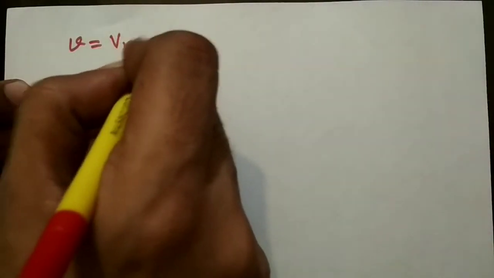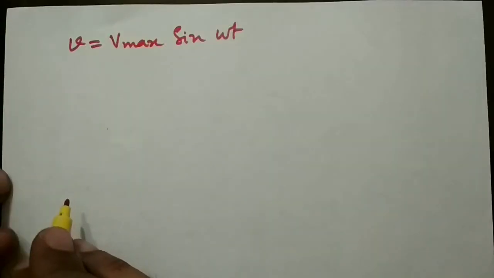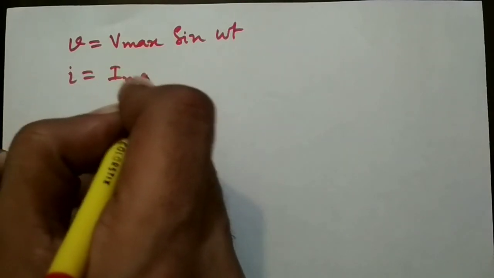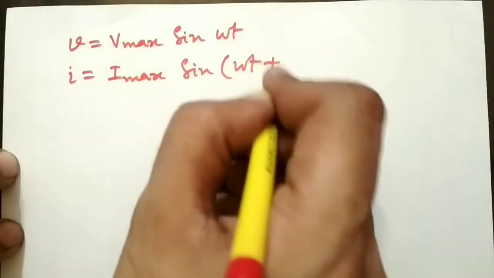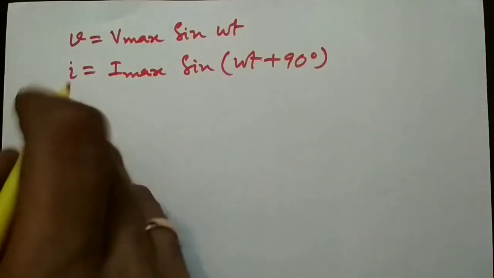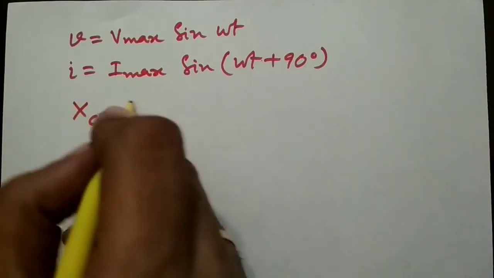So if we summarize the concept for a purely capacitive circuit, the voltage applied is Vmax sin omega t. So the corresponding current will be Imax sin (omega t plus 90 degree), where the relation between voltage and current is expressed as capacitive reactance Xc.